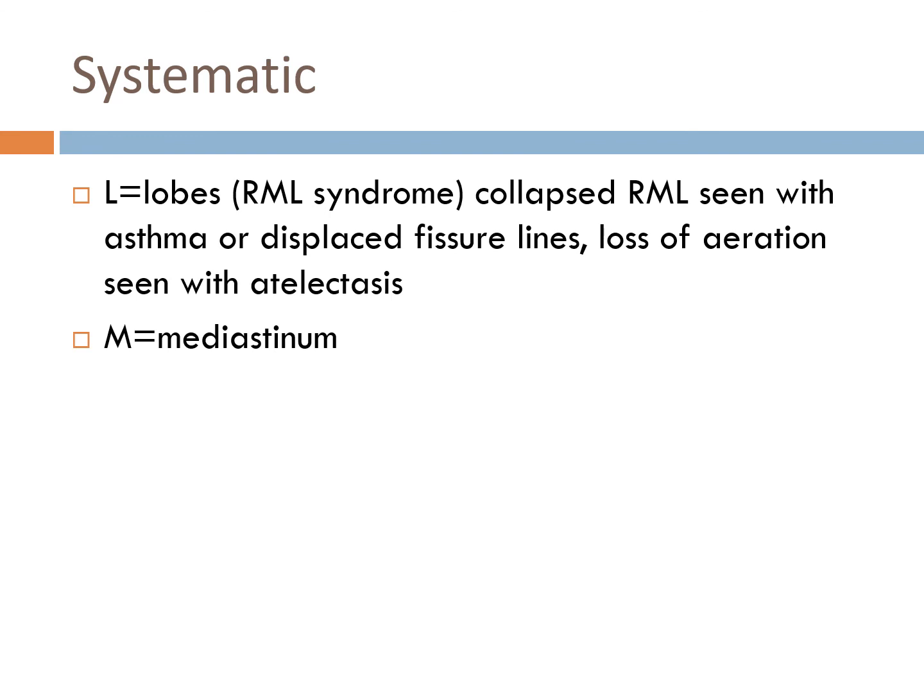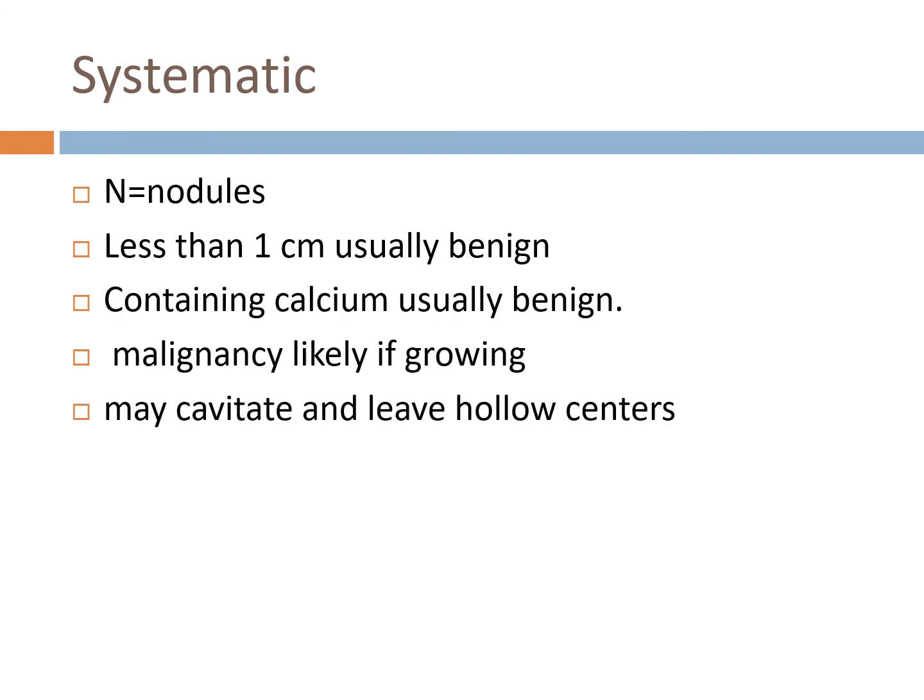Sometimes they will have a collapsed right middle lobe, which can be seen in asthma, or maybe displaced fissure lines, loss of aeration with atelectasis. It's really hard to differentiate between the lobes. It's more like where you anatomically know where they are on the outside. And then your mediastinal area, what that looks like. Nodules are generally less than 1 centimeter and are considered benign.